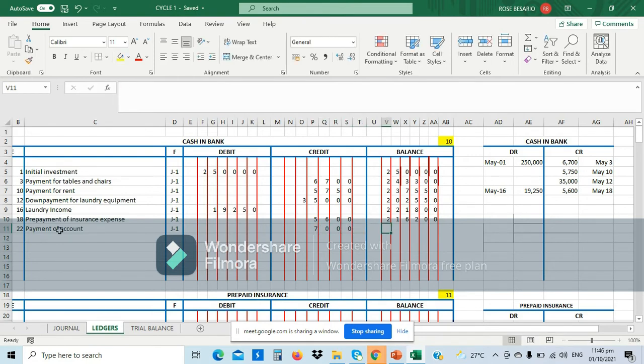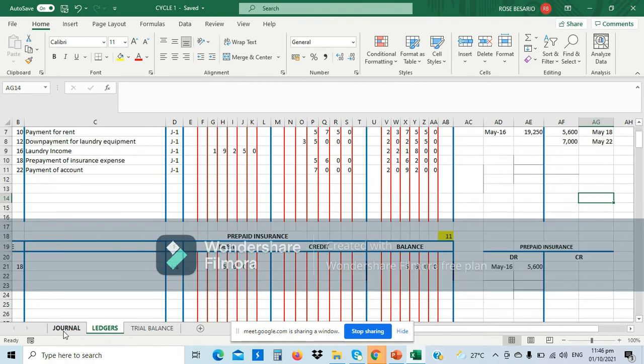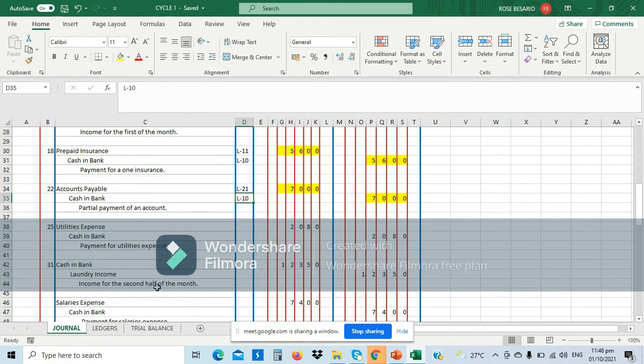So you've got now your new balance of how much? 216,200 minus 7,000, 209,200. Okay? And then in the T account, you should have a credit of 7,000. And that would be May 22. Okay? So we're done with May 22 transaction.